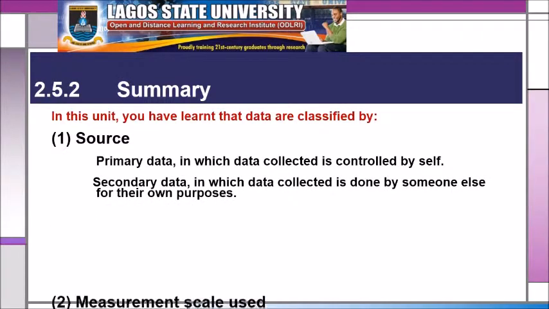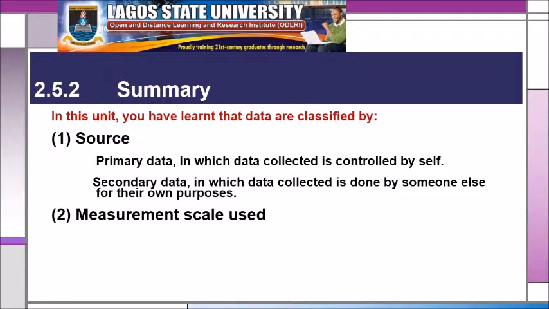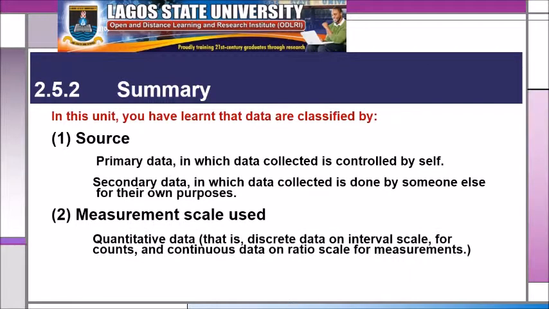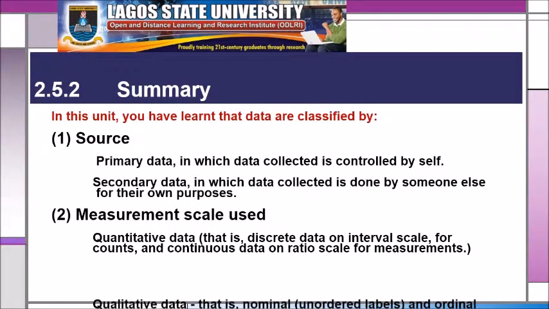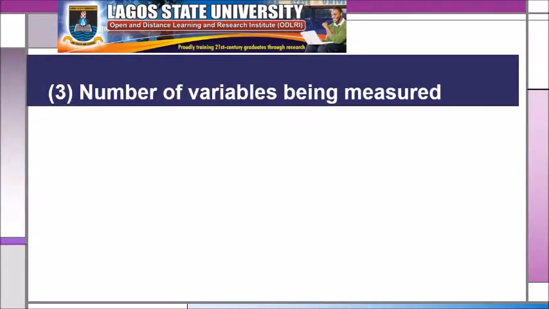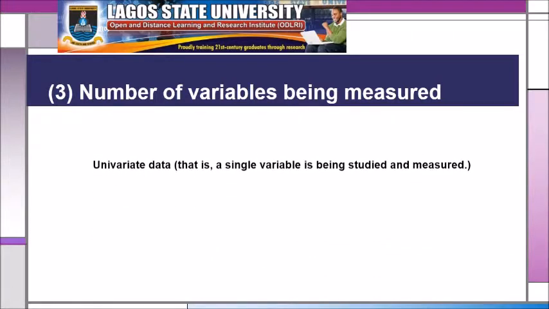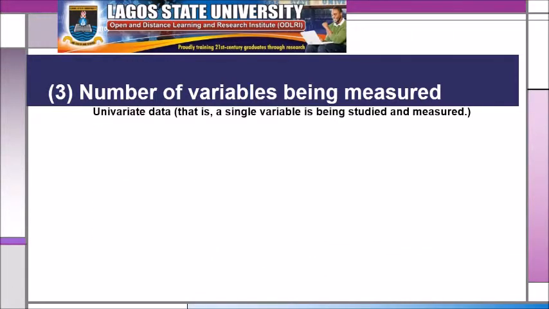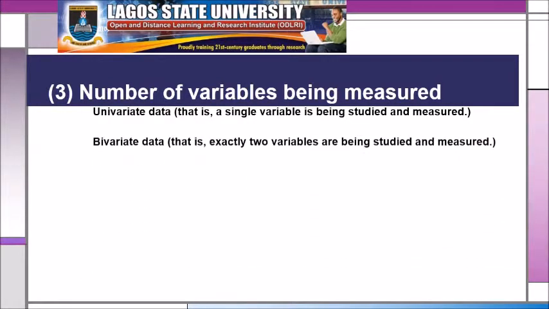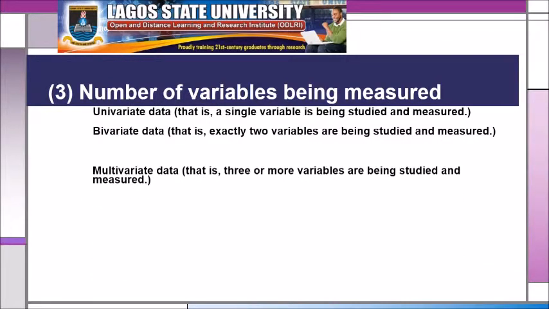We also classify data by measurement scale used, which was sub-classified into quantitative and qualitative data. And the third classification is number of variables being measured, which was sub-classified into univariate, bivariate, and multivariate data.